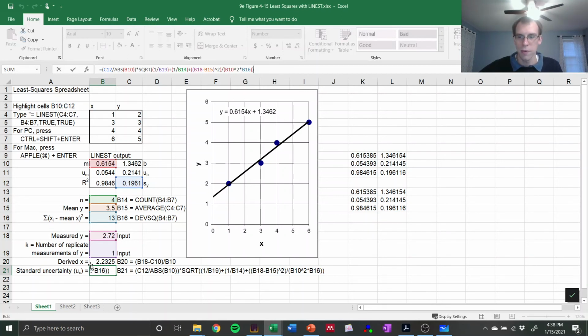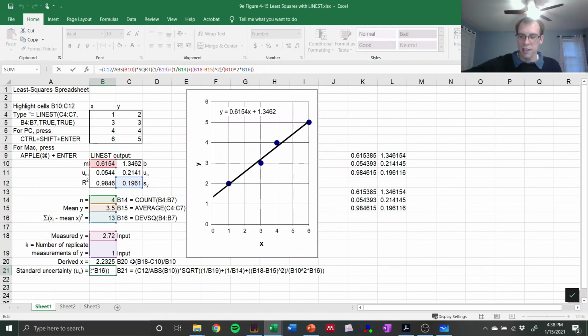So 1 over k, where k is the number of replicate measurements, plus 1 over n, our 4 data points, plus our measured y minus the average y, B18 minus B15, divided by the slope squared, B10 squared, times this difference squared, the sum of the deviation squared.